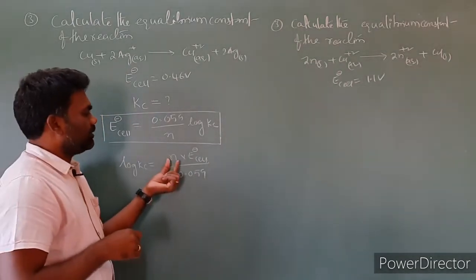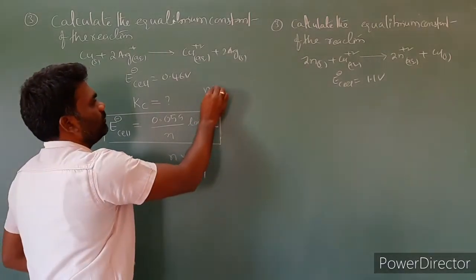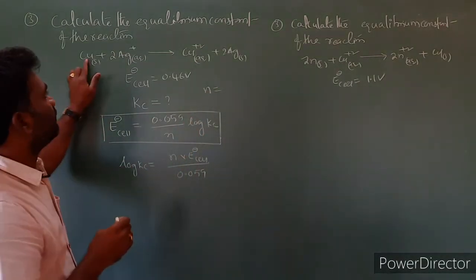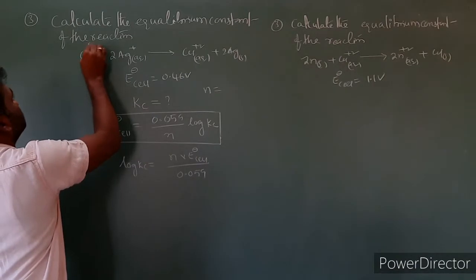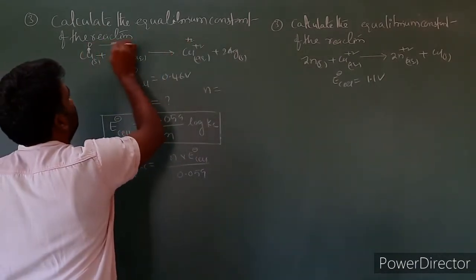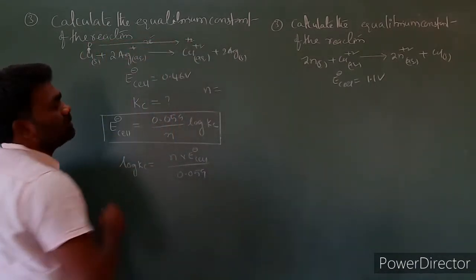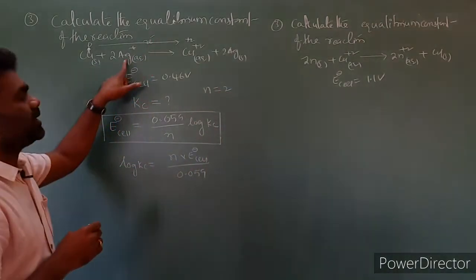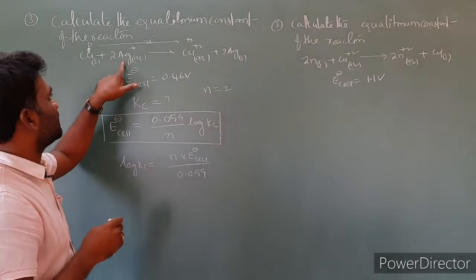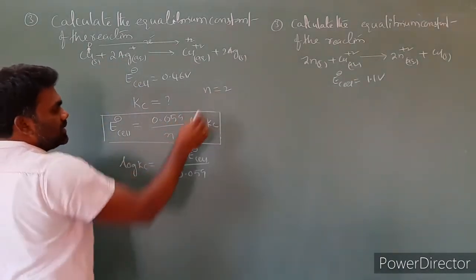Then we have to find the n value. Copper converts into copper plus 2, so copper lost 2 electrons. These 2 electrons are taken by Ag plus, each Ag plus taking 1 electron. So n is equal to 2.